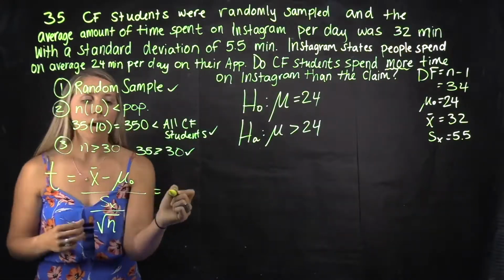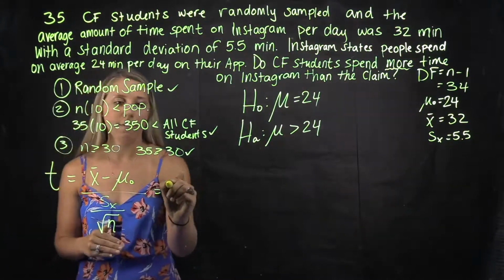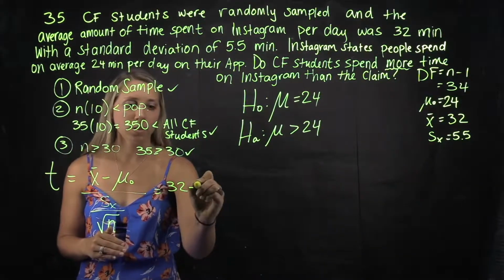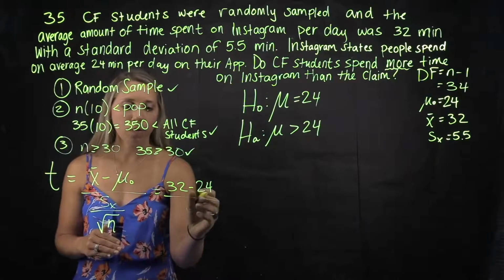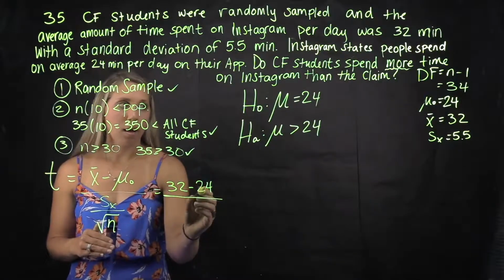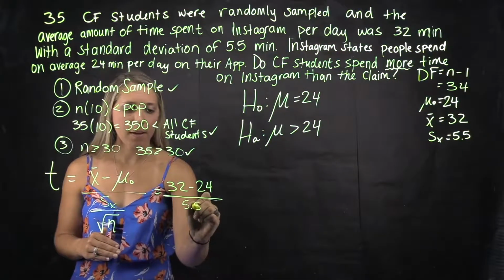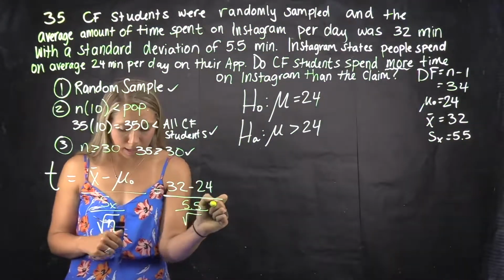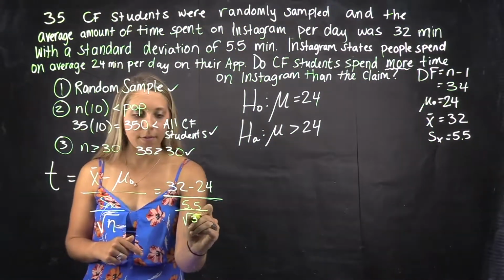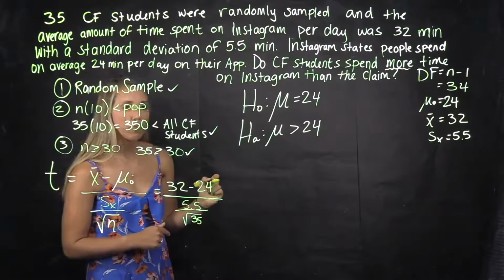So if I plug all our numbers into that, we have 32 minus 24 over standard deviation, which is 5.5, over the square root of 35. That was our sample size.